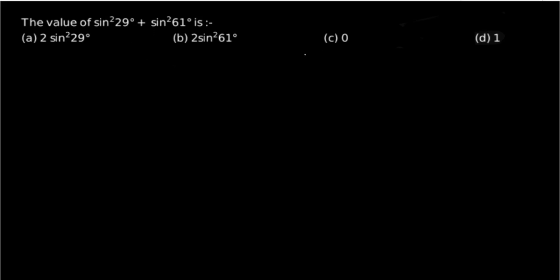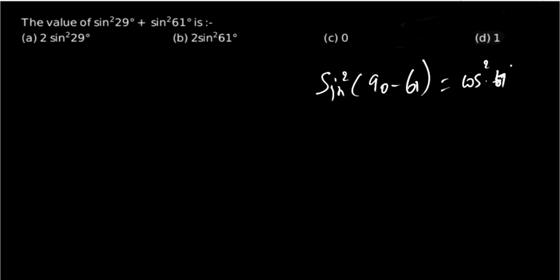So sine square 90 minus 61 becomes cos square 61 degree. Cos square 29 degree. If we subtract, what will we get? Sin square 90 minus 61 becomes cos square 90 minus 61. So 90 minus 61 is 29 degree. So we will get 29 degree.